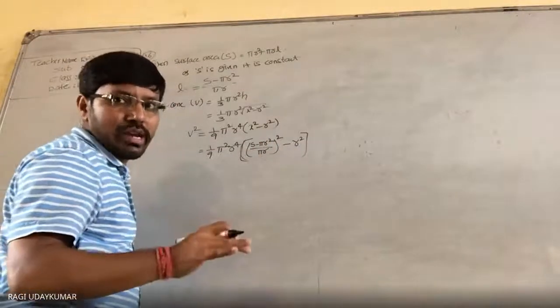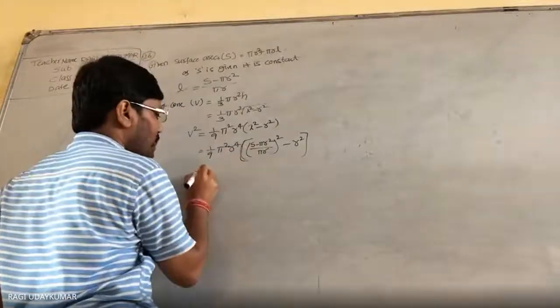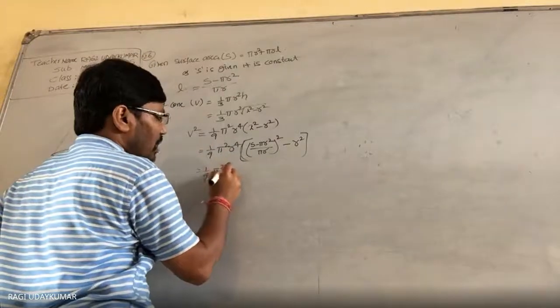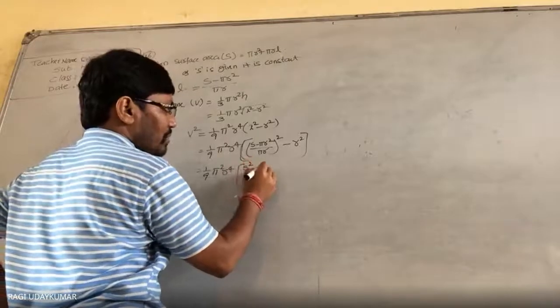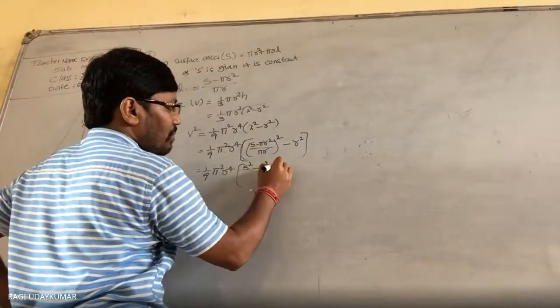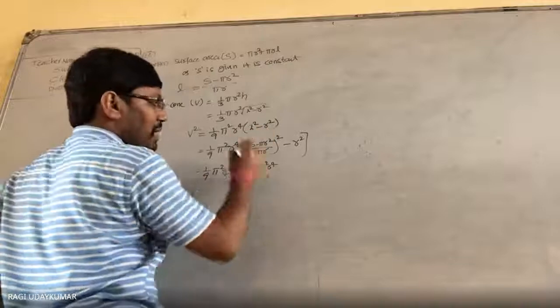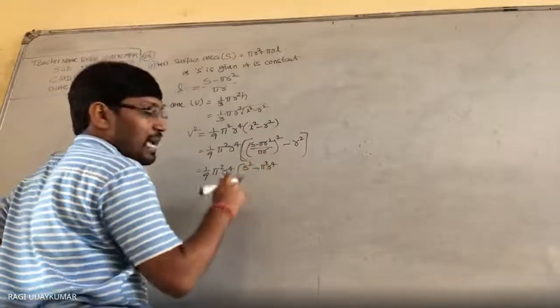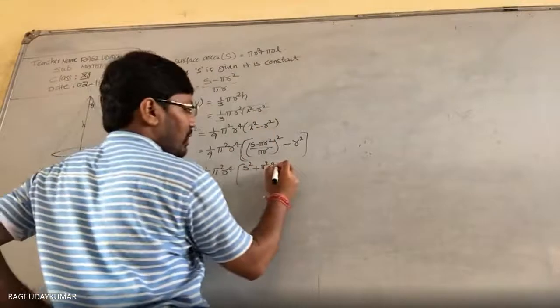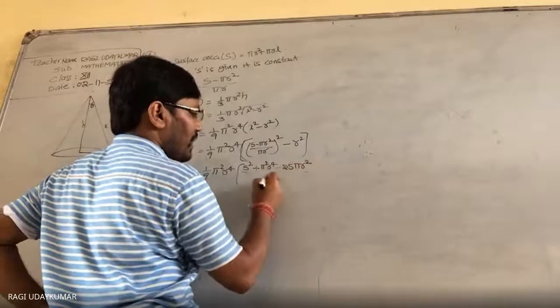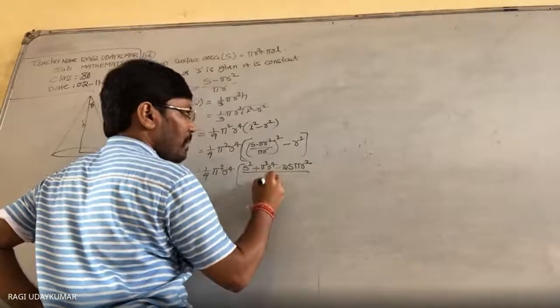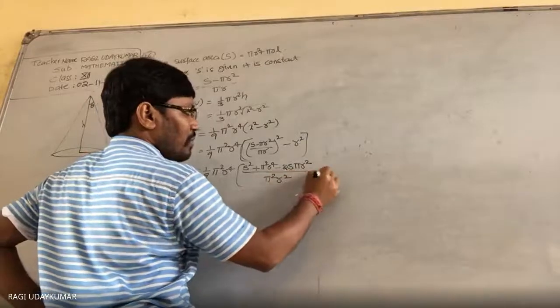But under root you are not going to have. ये simplify करना है, थोड़ा lengthy है, but the remaining all are easy. So s square minus pi square r power 4, a minus b whole square expansion, and value minus 2s pi r square by pi square r square minus r square.